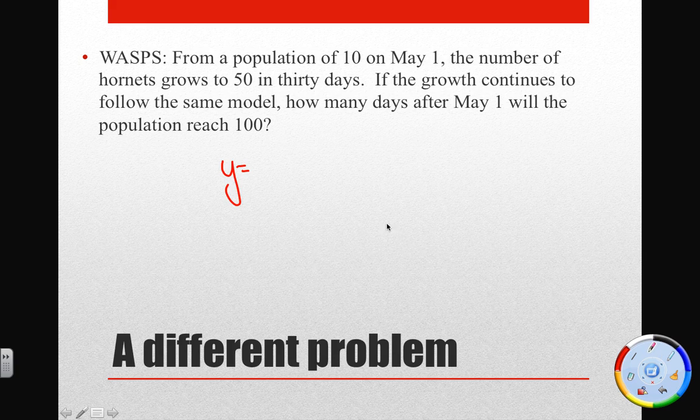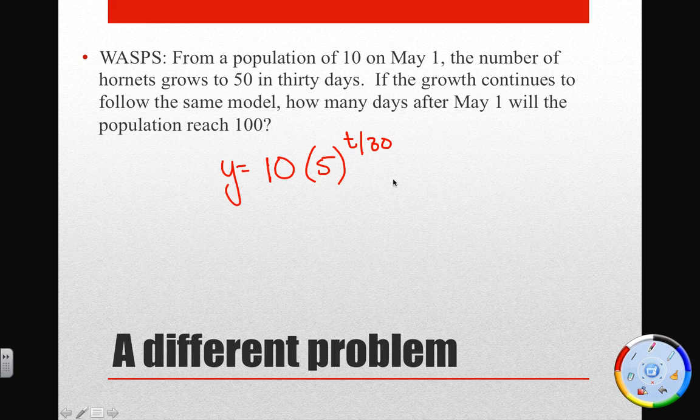The initial amount that you start with is 10, and you're growing by a factor of 5 every 30 days. So it's the same as the half-life problem. It's going to be t over 30, because in 30 days is when I multiplied by 5. Not after 1 day, not after 2 days, that sort of idea.